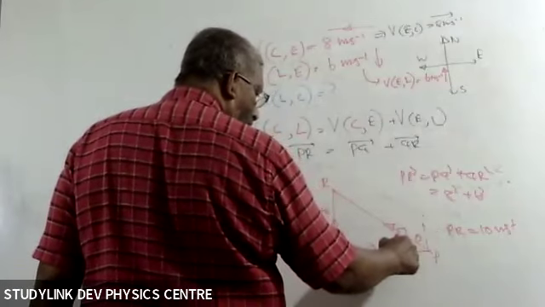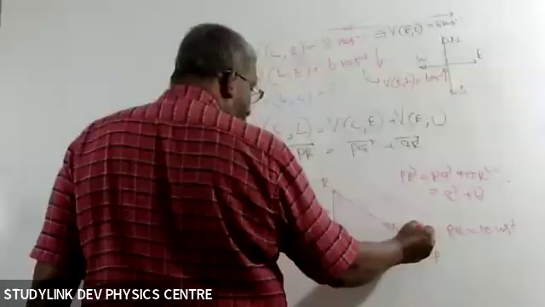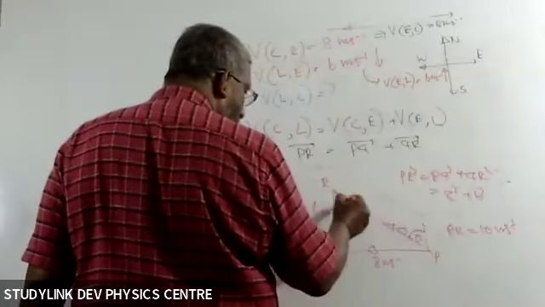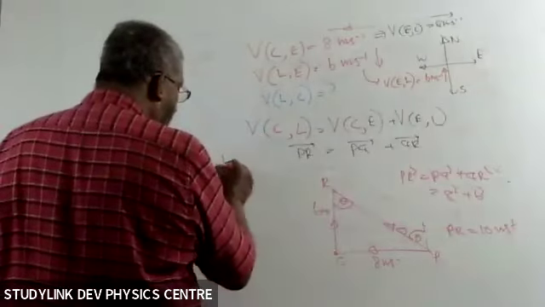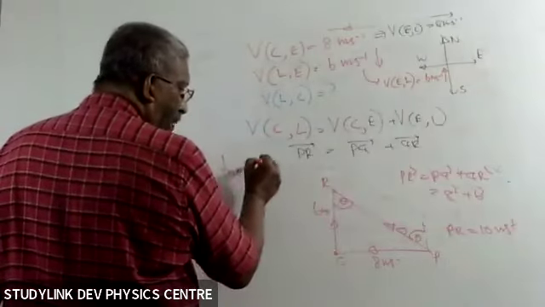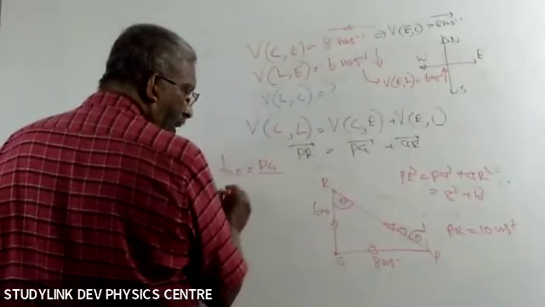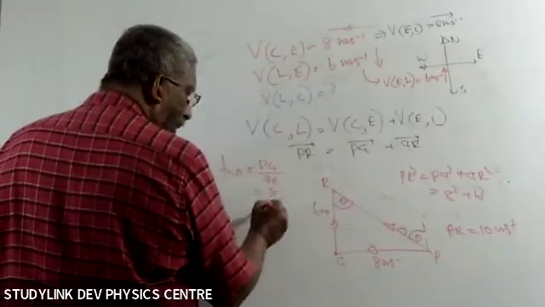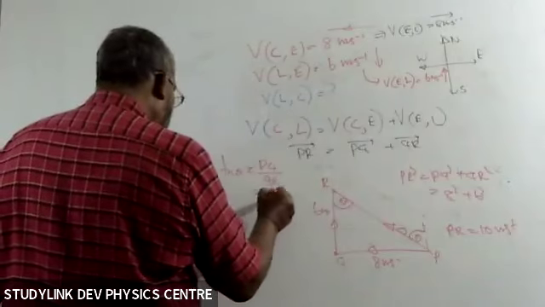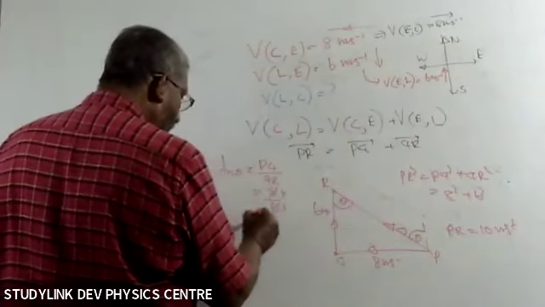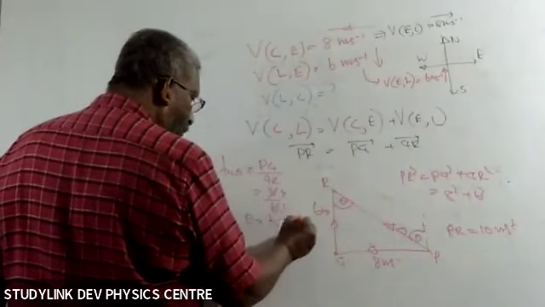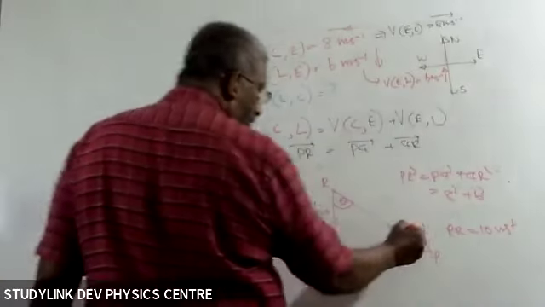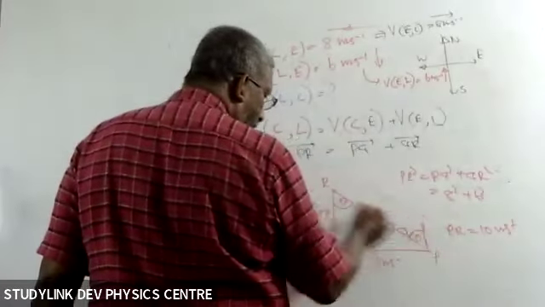Then tan theta is equal to PQ divided by QR, 8 divided by 6, then 4, 3. Theta is tan inverse 4 by 3. So same angle here.